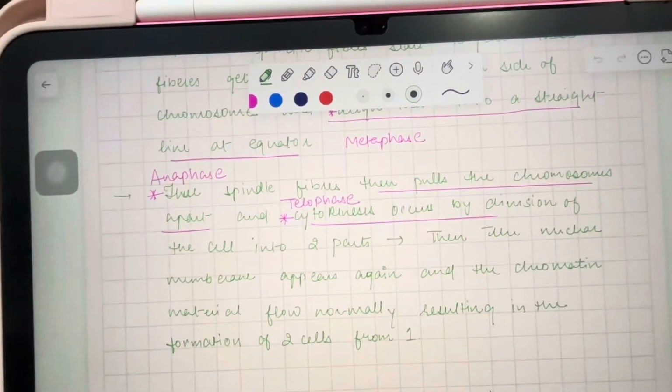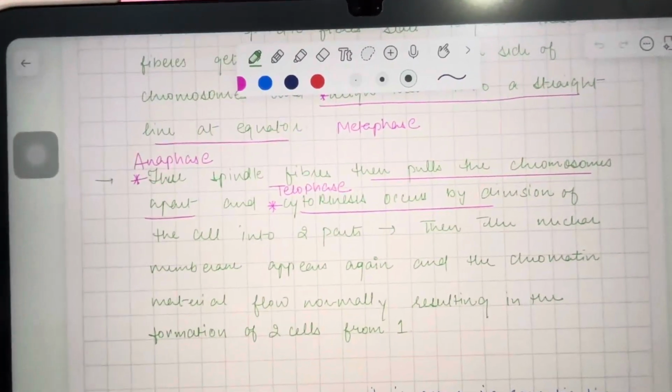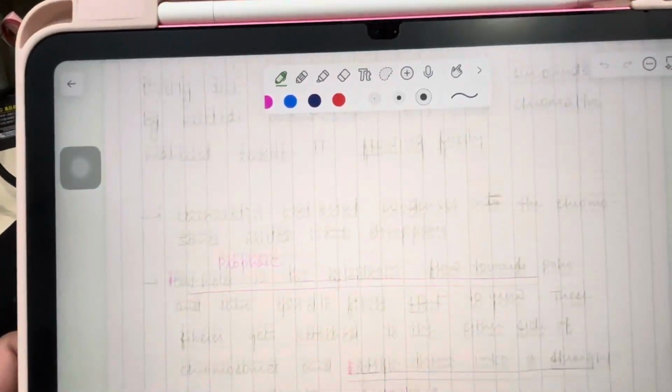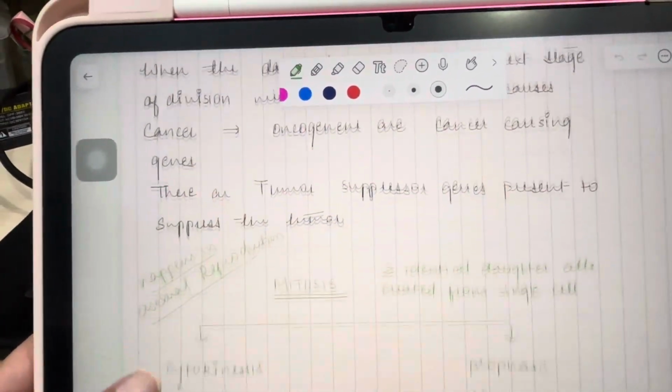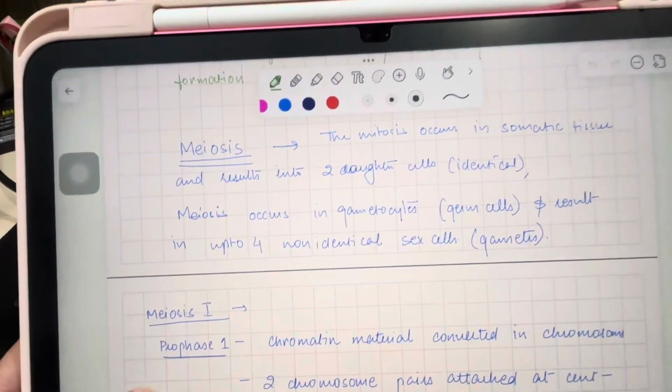That's why the daughter cells become identical to each other. So this was the process of mitosis. Now let's go for meiosis.